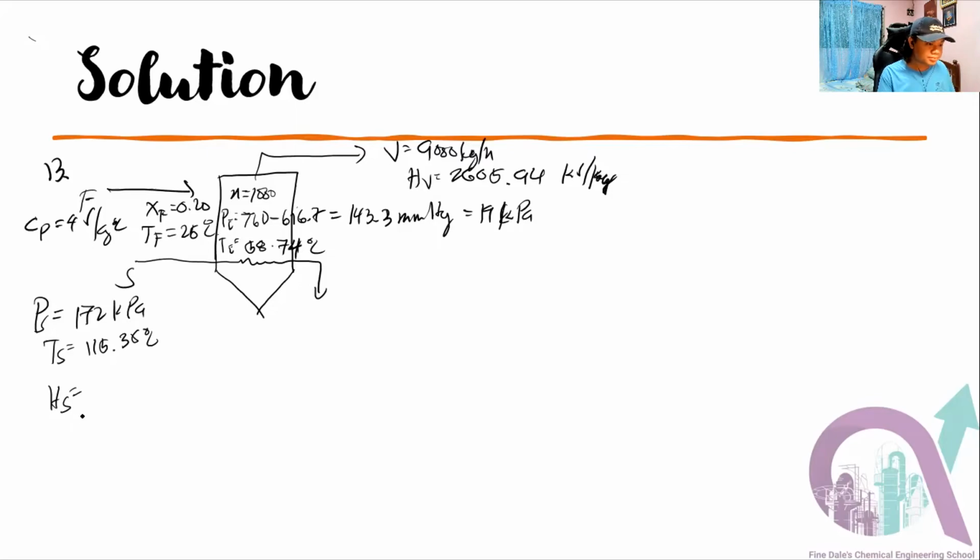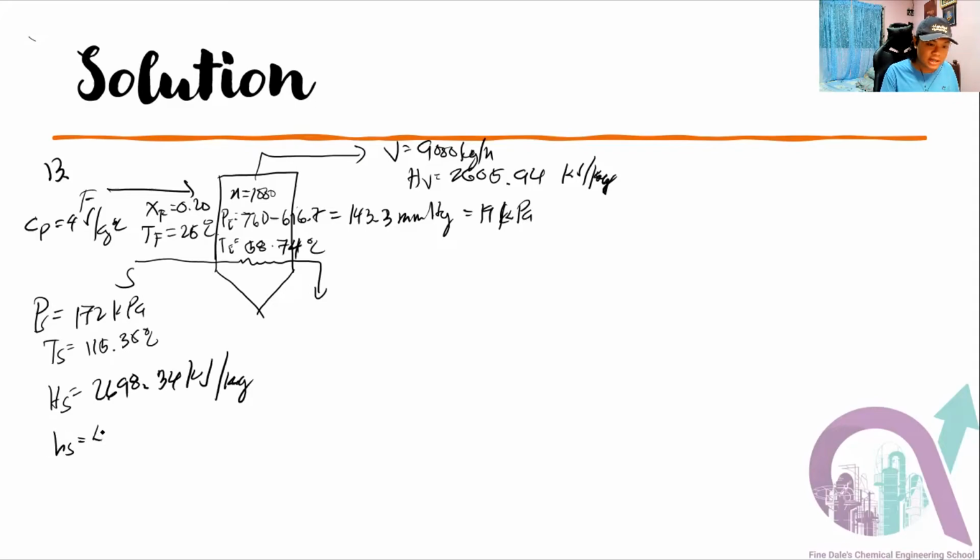So you have HS. This is still from the steam table, and this is for the latent heat, or the enthalpy of the liquid, small h.